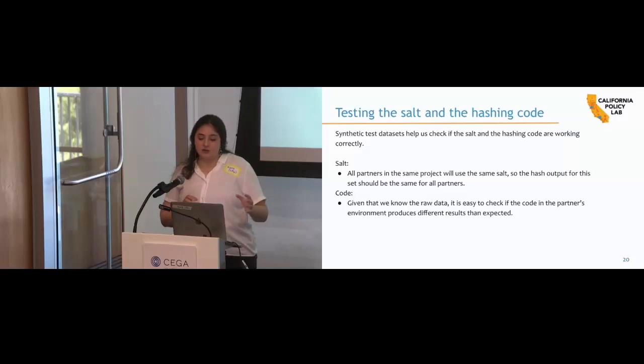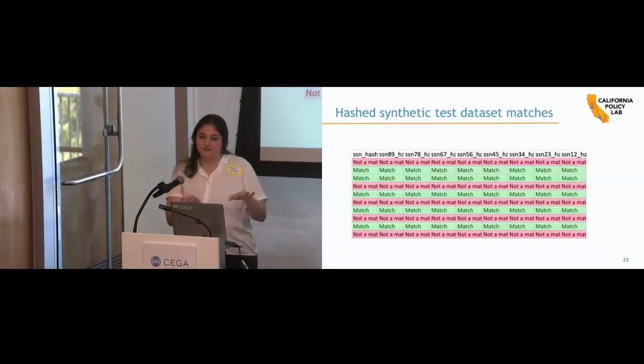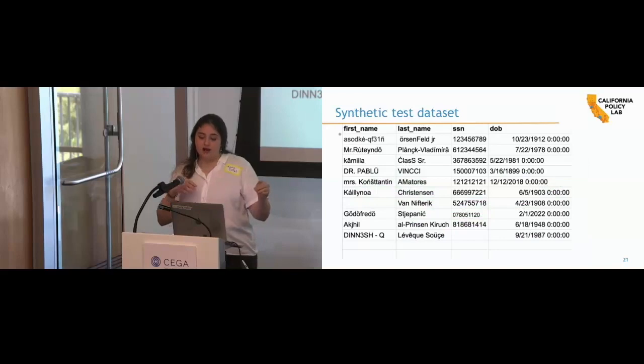The reason that we do this is that if there's any issues, for instance, with the salt, say one partner hashed with "I love apple pie" and the other one with "I love apple pies", we will be able to catch that really quickly. We ask them to send back that information to us, and then we try to see if it actually matches. This is the only instance where we all know the input and we all know what the expected output should be. So this is the reason why we do this step.